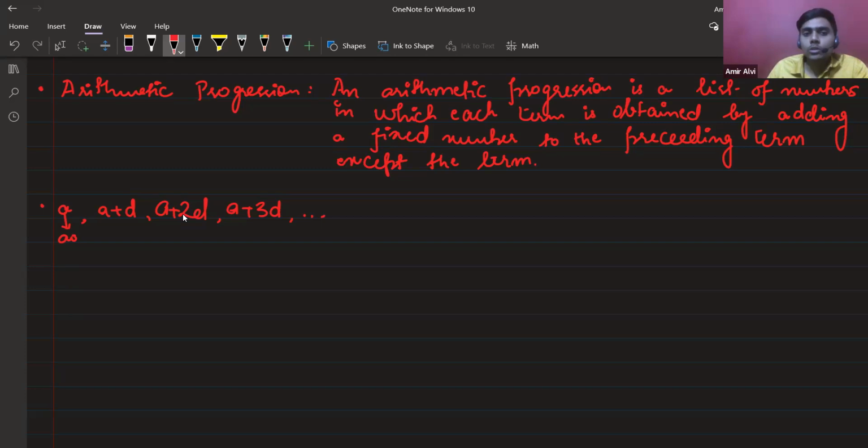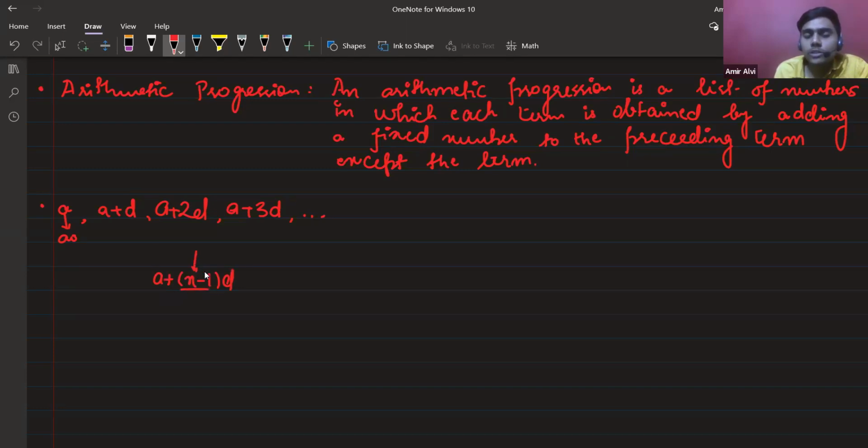Now tell me, if the 17th term of the AP is something X, what is the expression in this format for the 17th term? An is equal to A plus n minus 1 D. So you write 17 here.